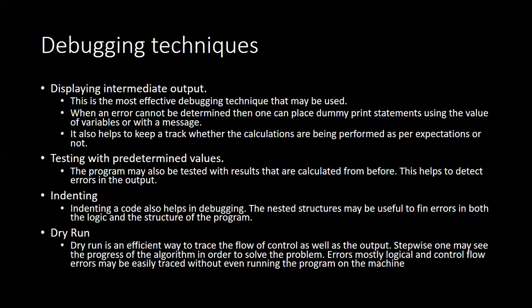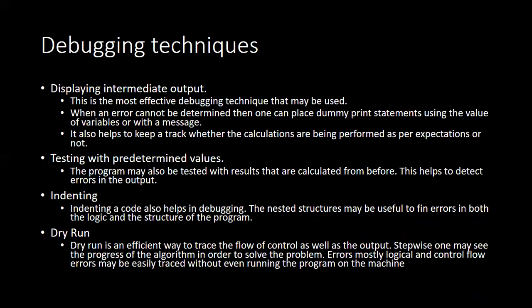So we have talked about the errors. Now we will see how to solve these errors and how to prevent them in the near future. So, displaying intermediate outputs. The first debugging technique is displaying intermediate outputs.